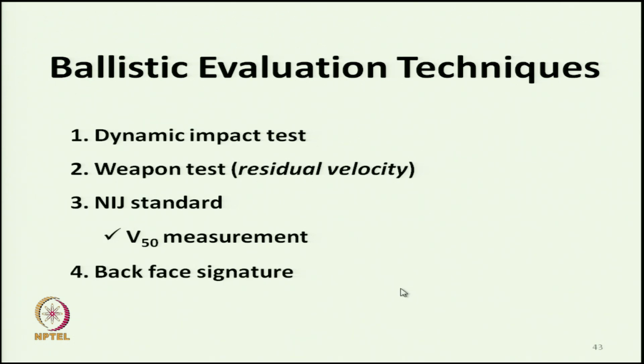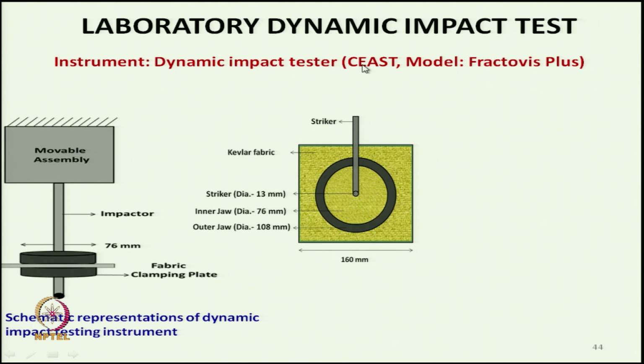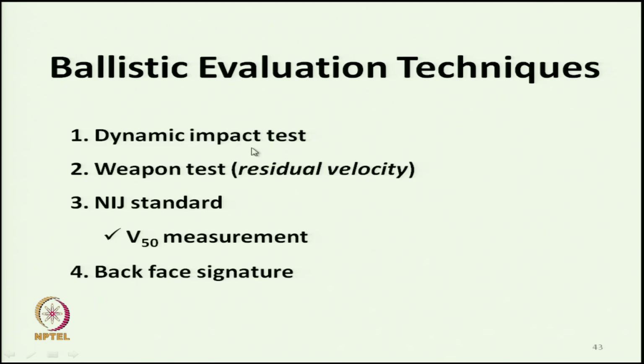The dynamic impact test is basically a laboratory method of testing, whereas the weapon test, NIJ test and back face signature test are actual field tests.